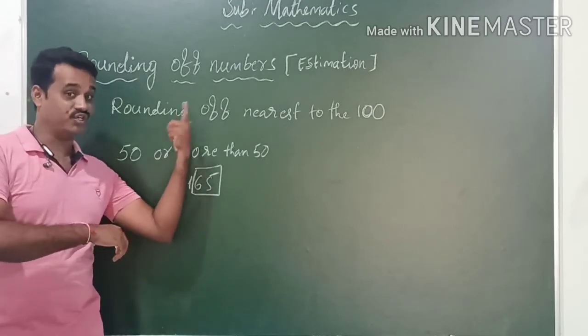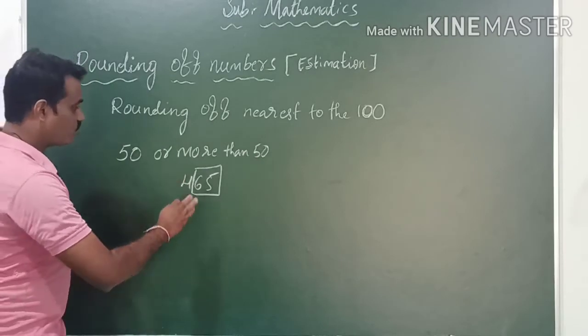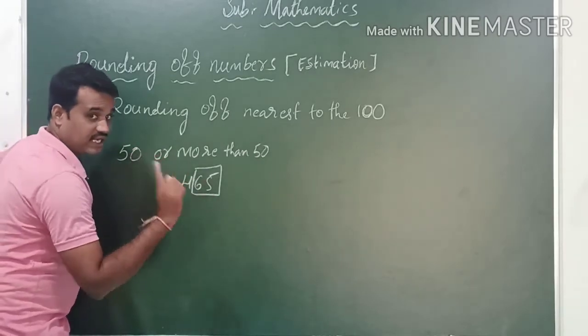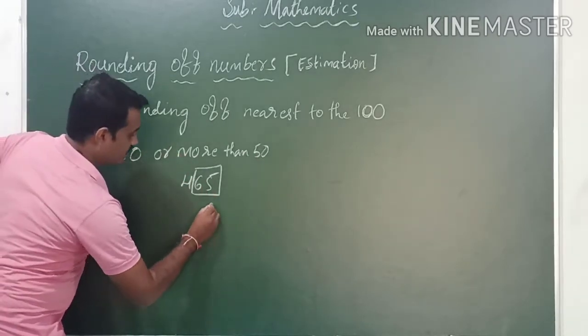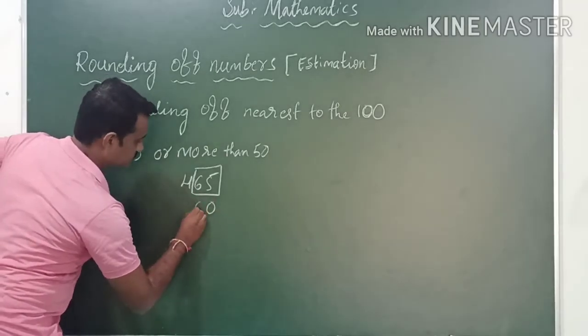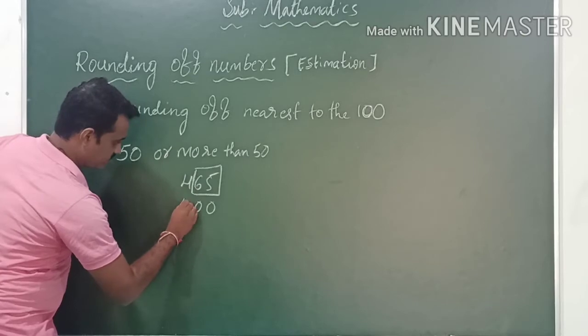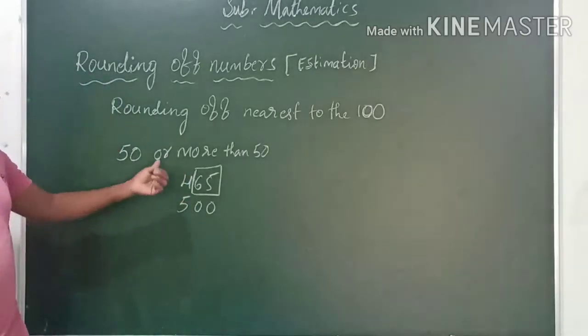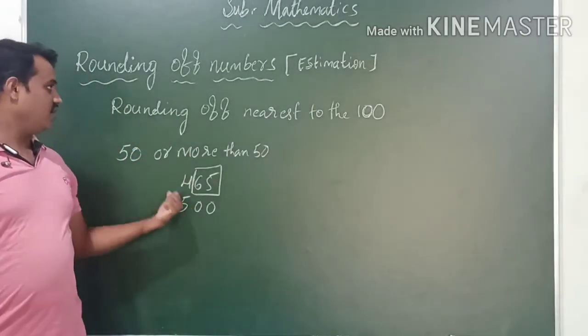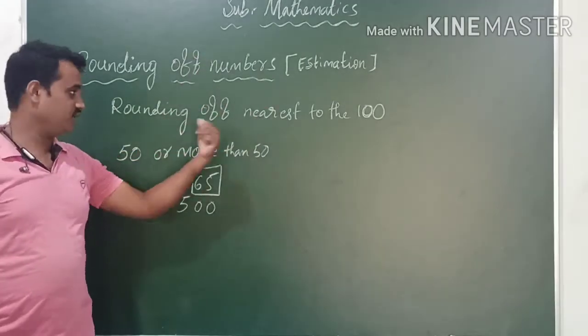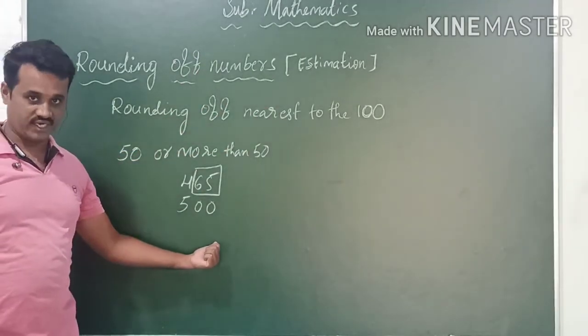Yes, it is more than 50. If it is more than 50, then the tens and ones place will become 0 and add 1 to the 100 place, then it becomes 500. So the approximation, nearest, or estimation will give 500.